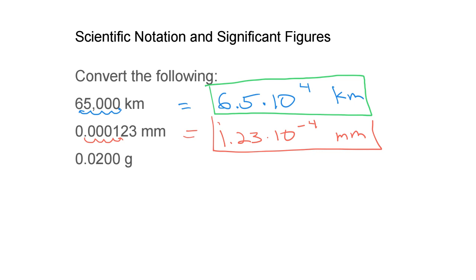Okay. Next one, 0.0200 grams. So again, I'm going to move the decimal point, and I'm going to get 2.00. You have to keep the 00 because they come after our number in the decimal expansion.